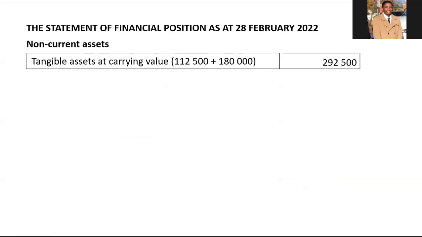This represents the value that is still left in our assets, the value that we can still derive from using our assets in the future. That's what that 292,500 represents. So it qualifies to be a non-current asset, which will be derived through usage. We will derive benefits from this non-current asset through using the asset.